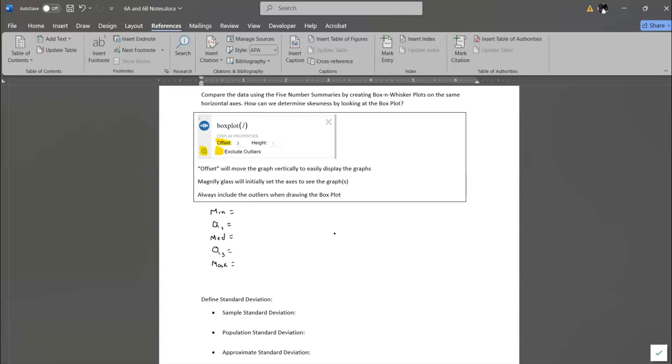We're going to get that by going to the Google Sheet again and doing that for both sets of data. Then we're going to hand draw it and visually see that, but we're also going to look at it on Desmos.